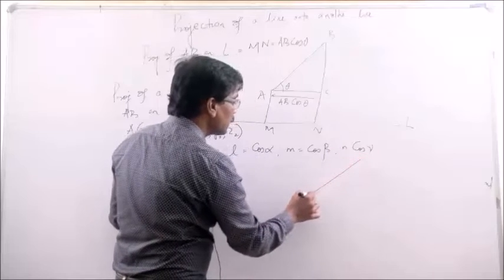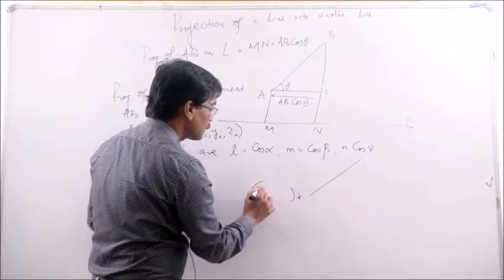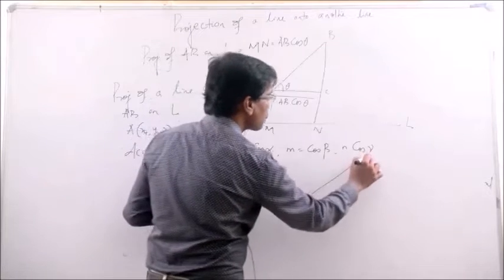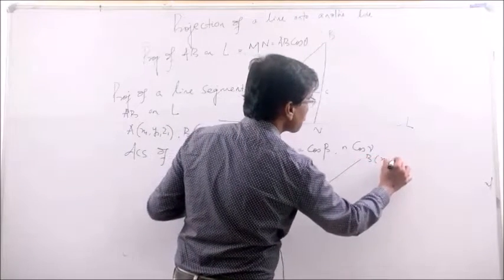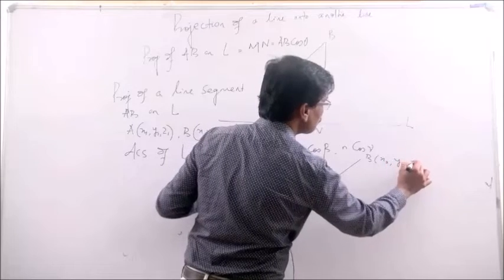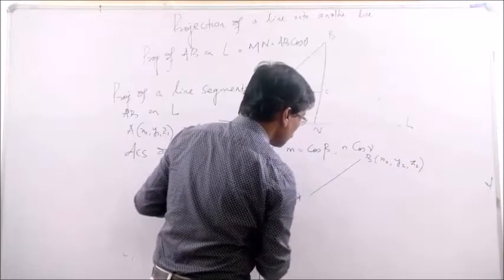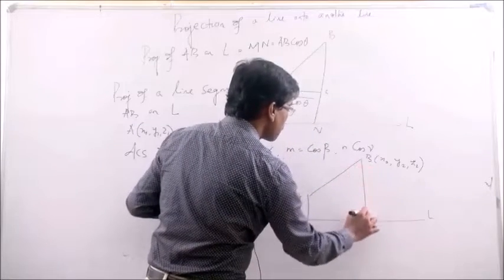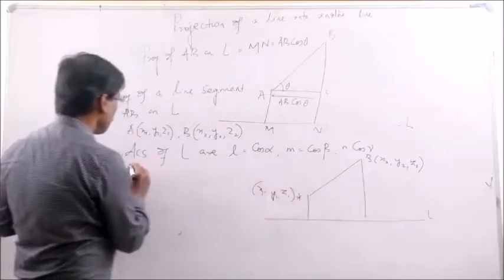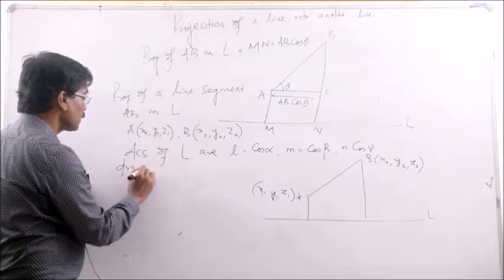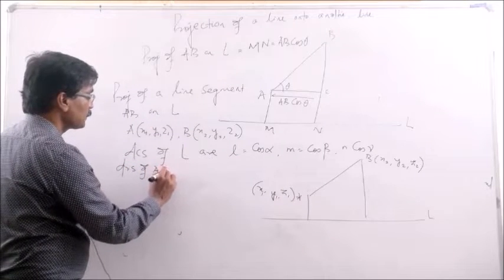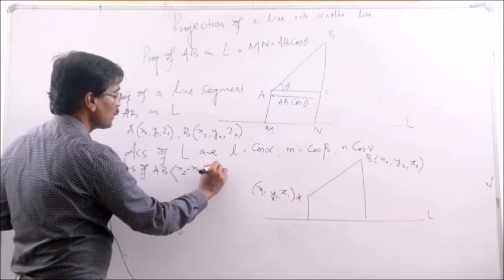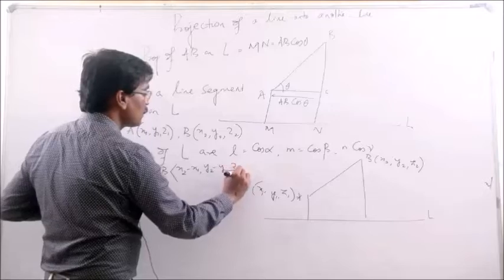So, AB is a line segment having coordinates x1, y1, z1, x2, y2, z2, and L is any line. So, first we have to find the direction ratios of AB, which are x2 minus x1, y2 minus y1, z2 minus z1.